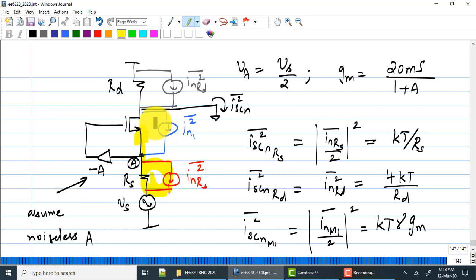Of course, for RD, all of the noise will flow through the short circuit. We are assuming that the transistor has very high output impedance, so all of RD's noise will find its way to the output. So that is this portion. The third portion, the transistor portion, clearly at the input node, it can split between RS and the input of the circuit. Half the current will flow through the input of the circuit and into the short circuit.